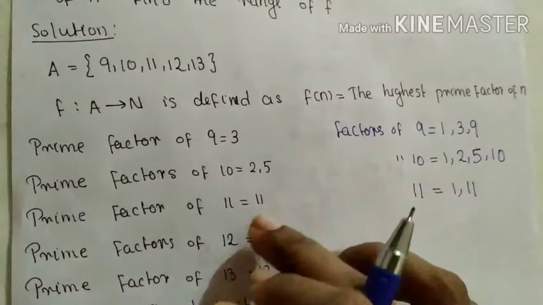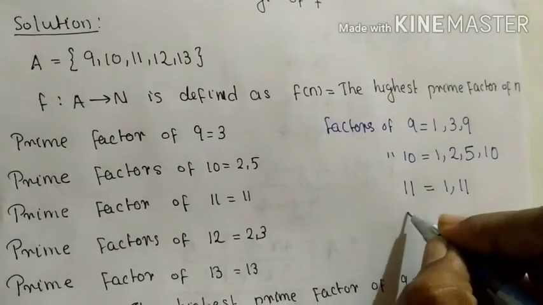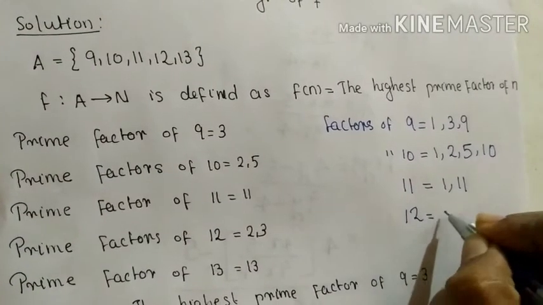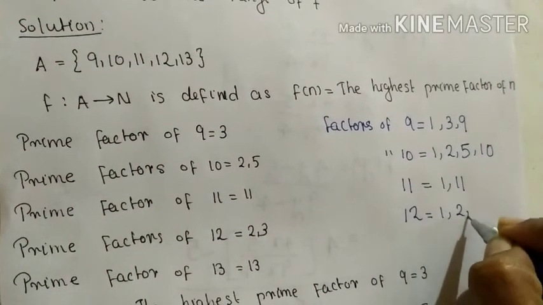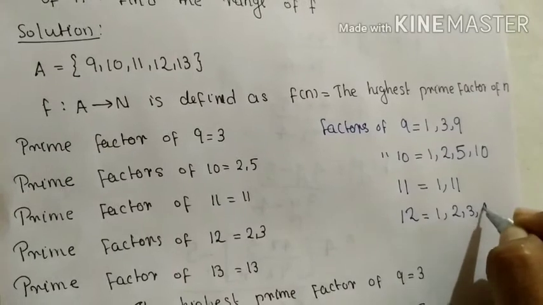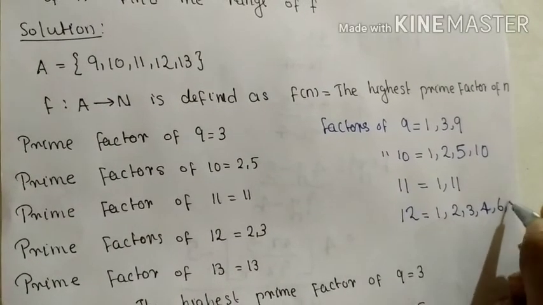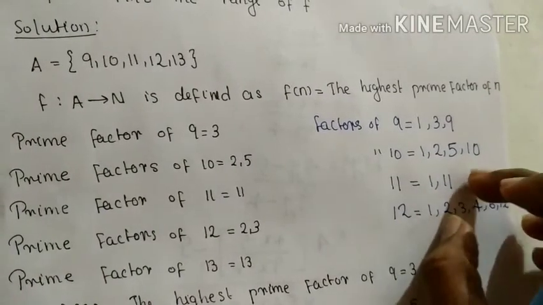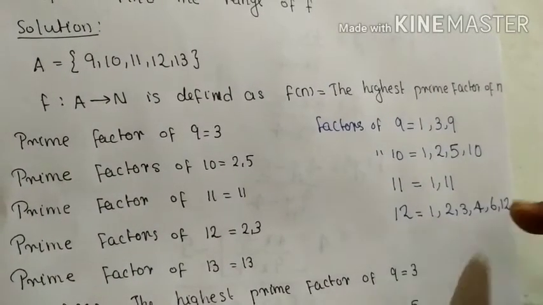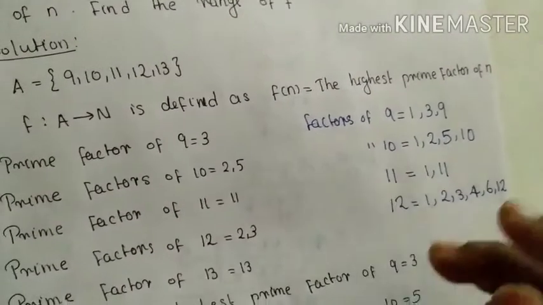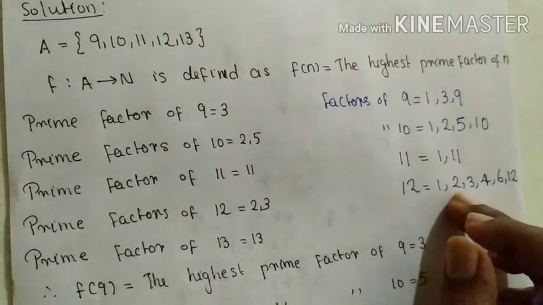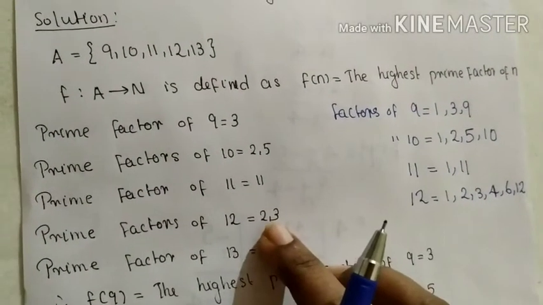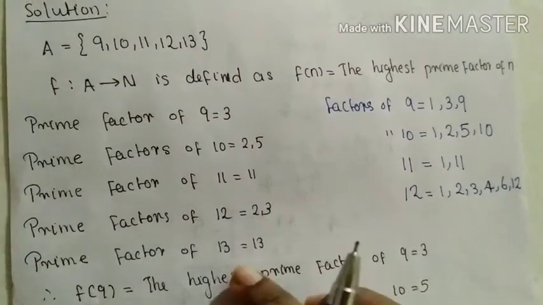Next, the factors of 12 are 1, 2, 3, 4, 6 and 12. From this the prime numbers are 2 and 3, so the prime factors of 12 are 2 and 3.